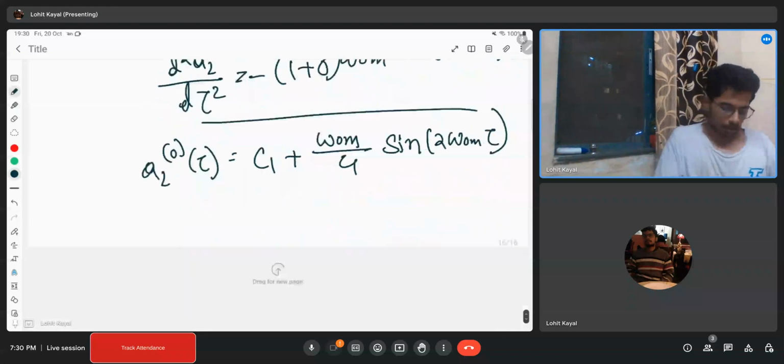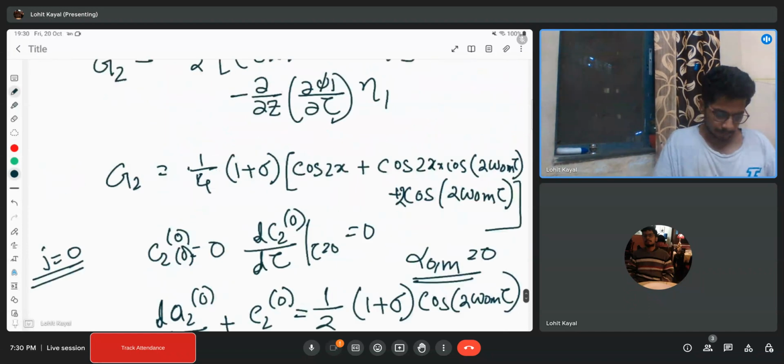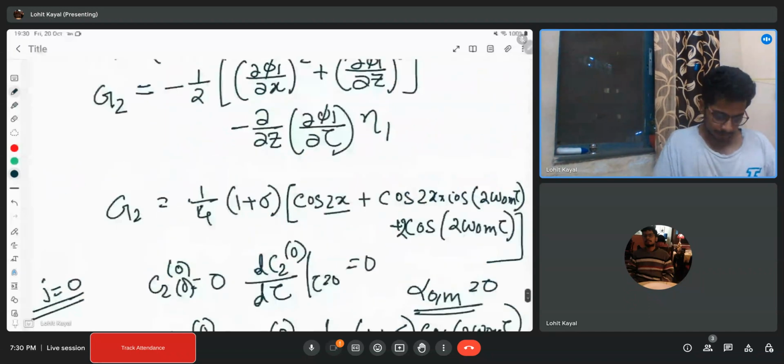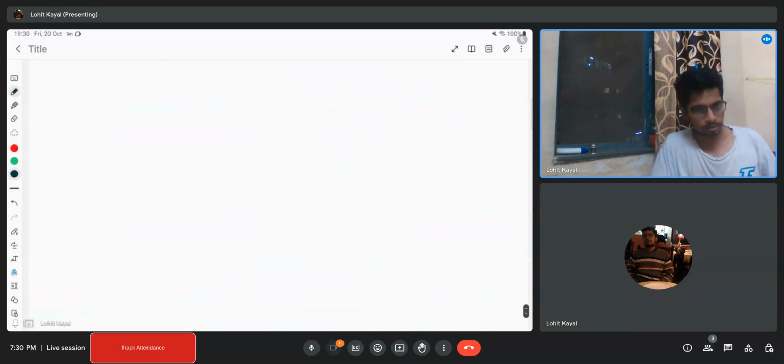Okay. Now you see that it is cos 2x plus a constant into cos 0x into time dependent term. So it is only cos 2x plus cos 0x. So there is no contribution of cos x or cos 3x or cos 4x, right?